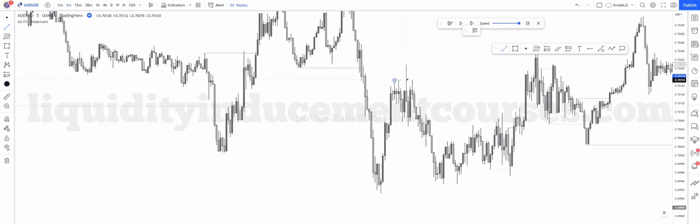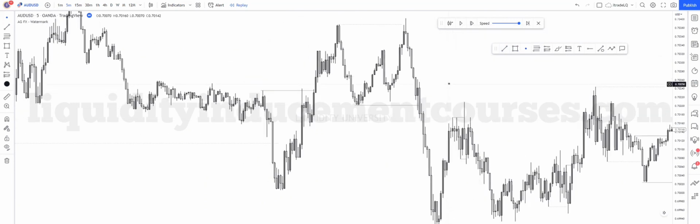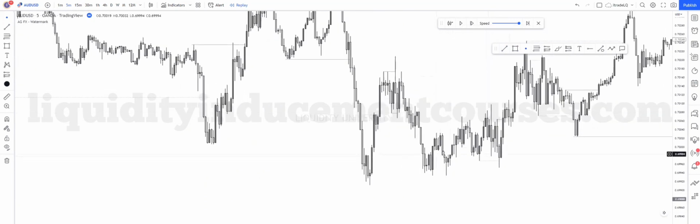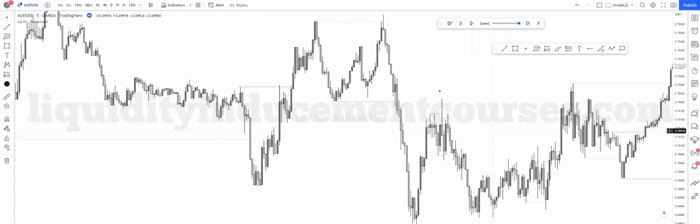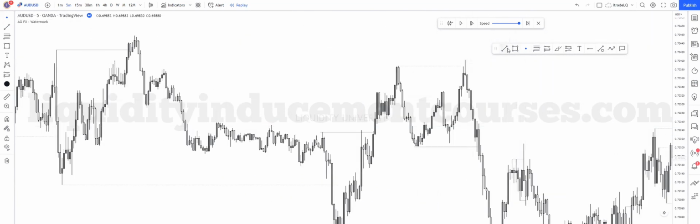Let's see, strong high. Take out liquidity, okay. Structure. Right there. Let's see over here. Okay. Here's another pattern within a pattern.